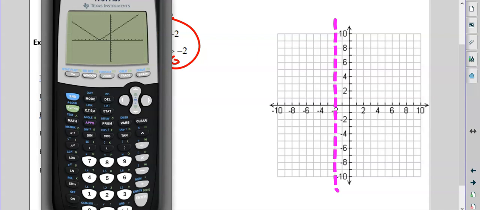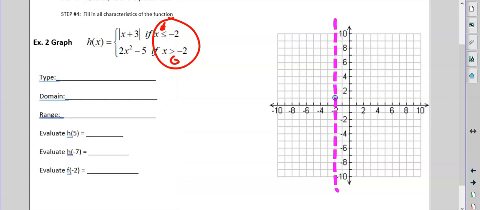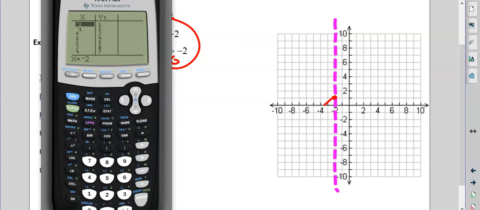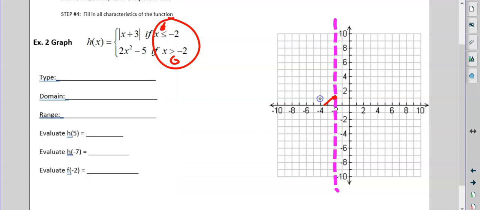So I would just go to my graphing calculator, look at -2, and say -2, 1. That's a solid dot. And then it goes down to -3, 0. And it starts going back up again. -4, 1, -5, 2, and so forth.